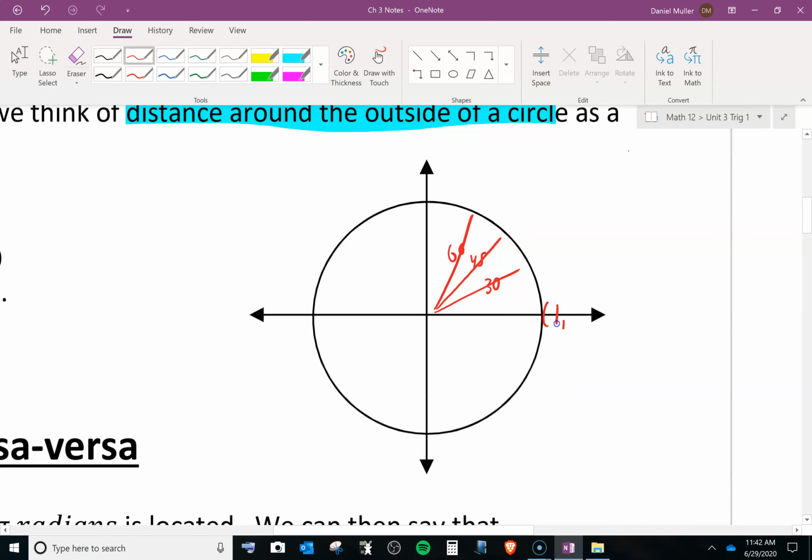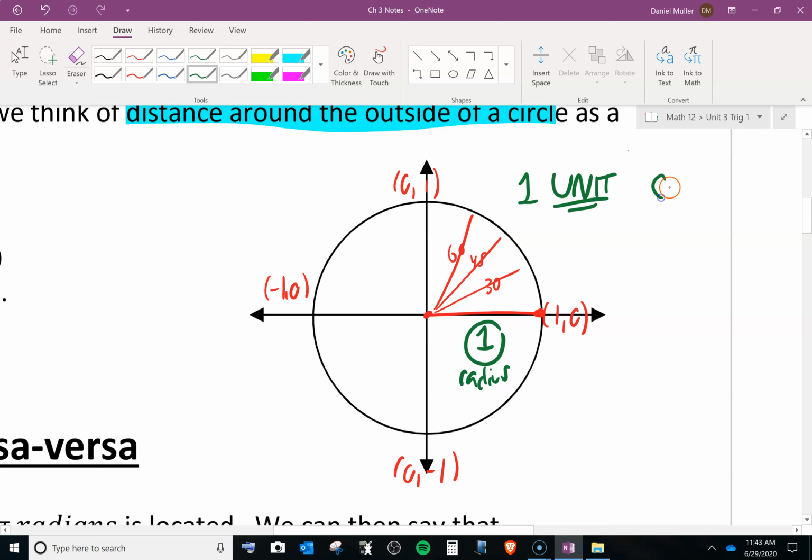Remember that this point was (1, 0), this was (0, 1), (-1, 0), (0, -1), meaning this distance from here to here was go over 1, up nothing. That means this distance here was 1, and 1 is our radius of a circle, which is why we call this a unit circle.